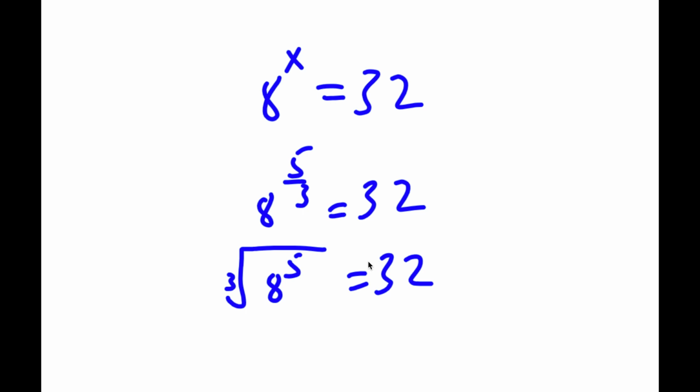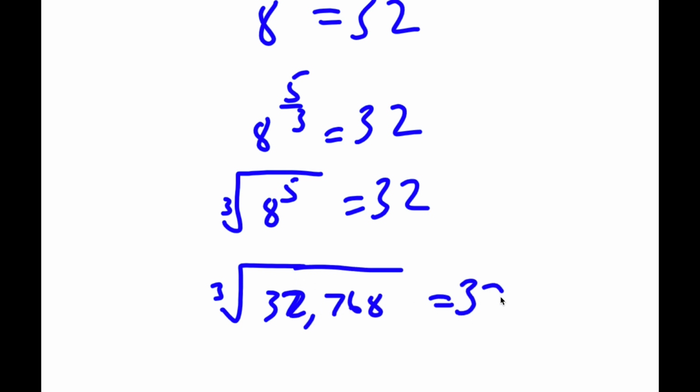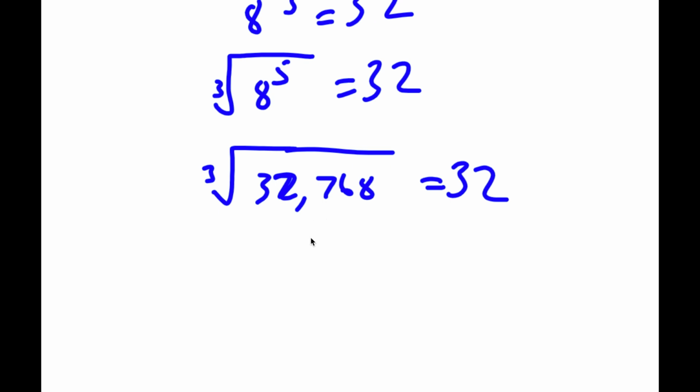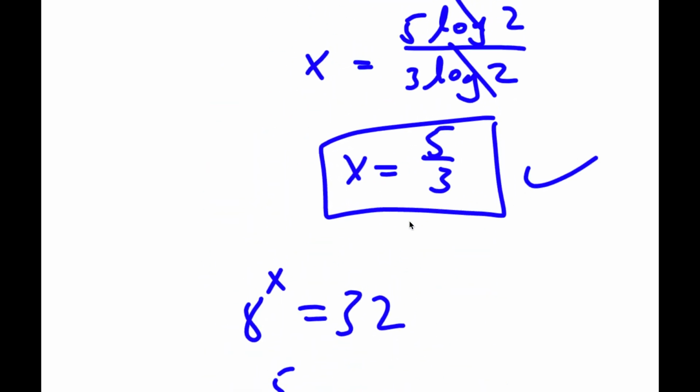Now 8 to the power of 5, I can plug that into my calculator, and it's 32,768, and the cube root of that is 32. So 32 equals 32, meaning x equals 5 over 3 is right.